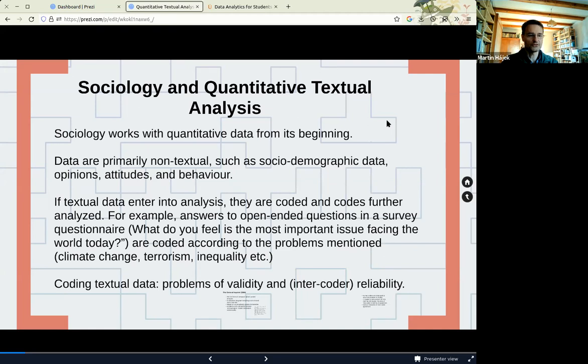It's like two terms for the same thing, but we don't know. For example, we can code it as climatic issues. We don't know if people who said climate change and people who said global warming meant the same thing.